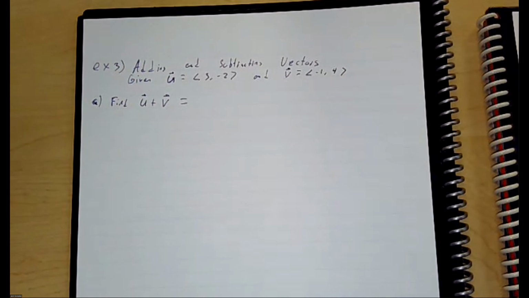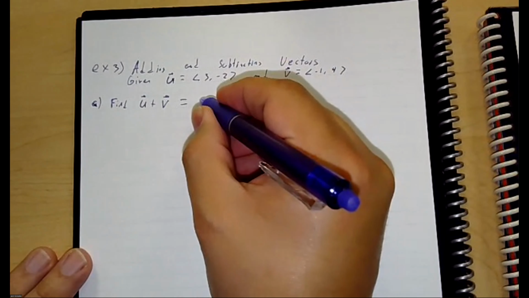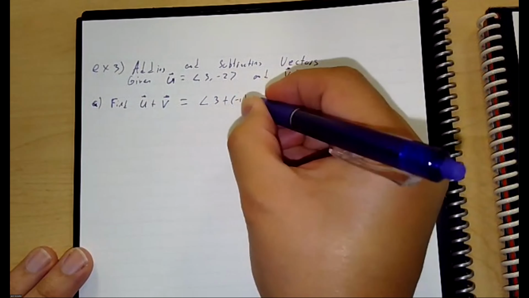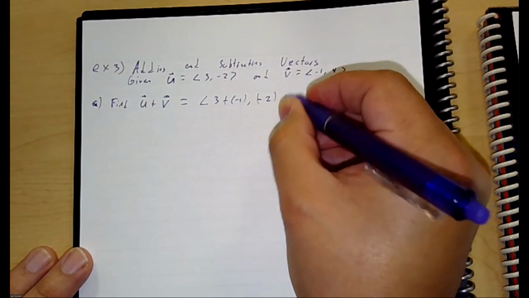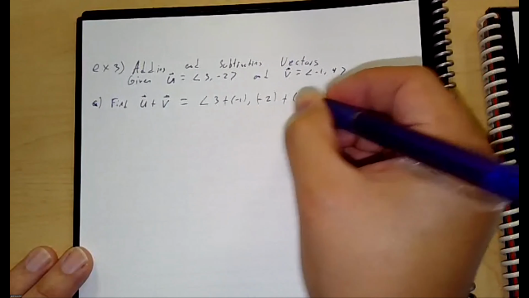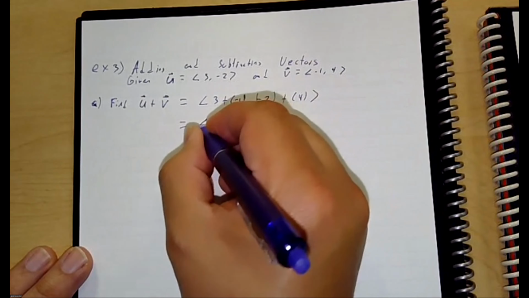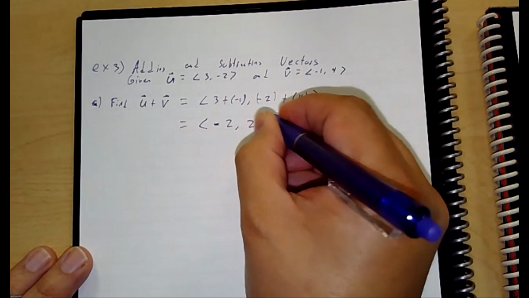So all you have to do is add the u components and the v components. So the i's together and then the j's together. So 3 plus -1, comma, -2 plus 4. So this will be -2, 2, right?